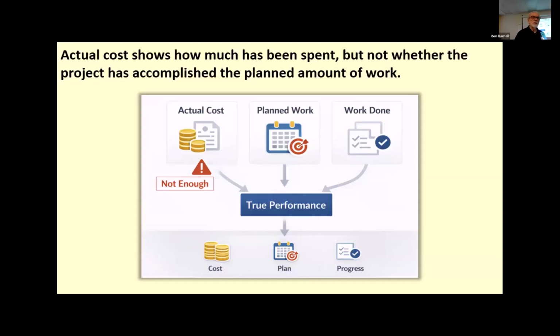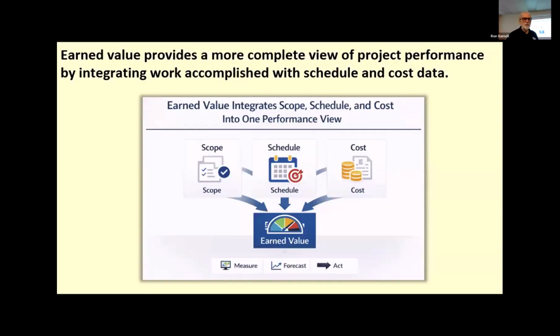They paid you for the earned value so you had to have that built in, and that reinforced the whole process. Earned value, as I mentioned, integrates scope, schedule, cost into one performance review.